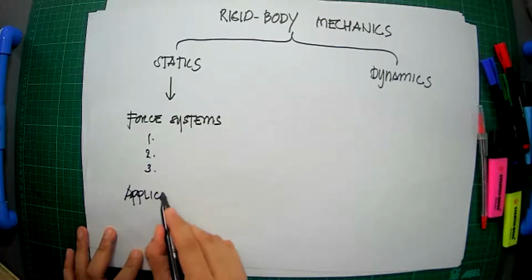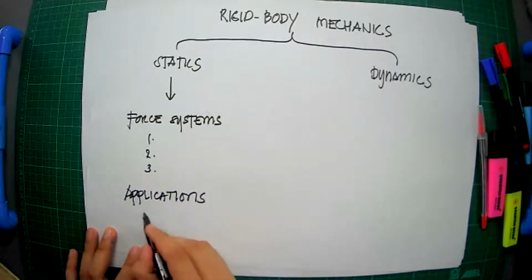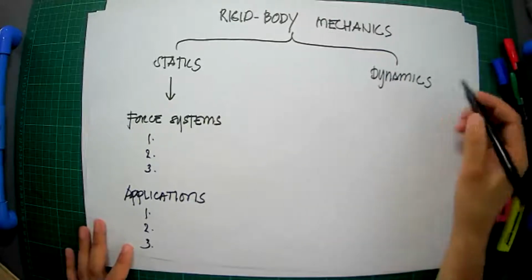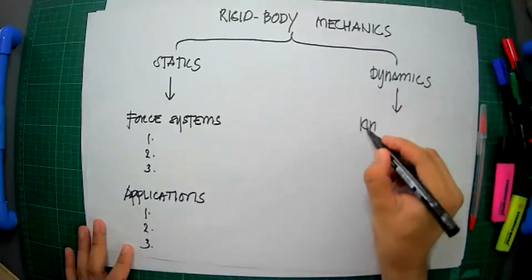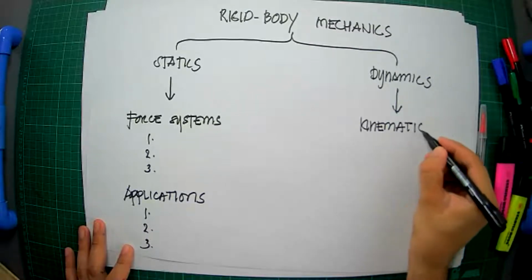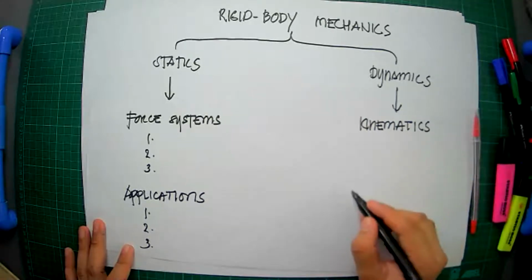The studies of statics revolve around these. Applications, we also have three, enumerated based on the book. And for dynamics, although this is not our major topic, we still have an overview. Under dynamics is the study of kinematics and kinetics.